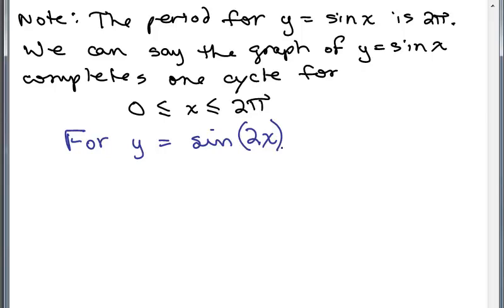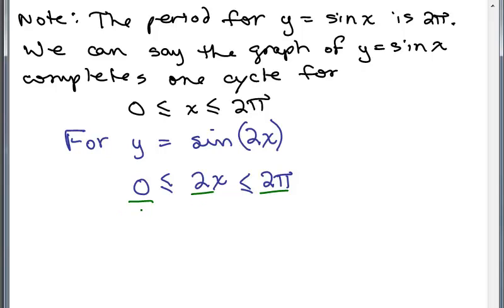All right, so now notice we have a coefficient of x. We say this completes one cycle in between 0 and 2 pi, but it's not x going in between 0 and 2 pi. It is 2x. So if we solve for x, we would divide all three parts by the positive number 2, right?